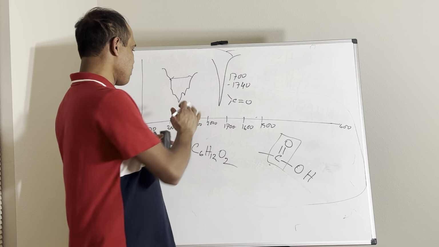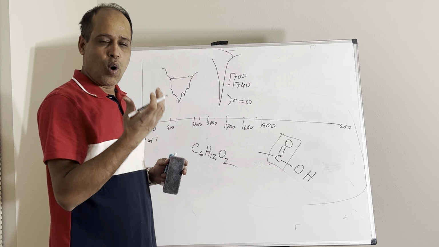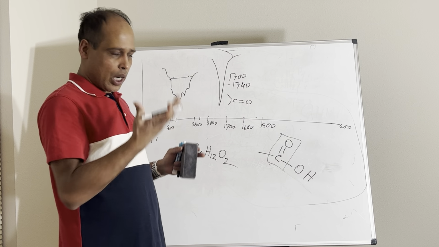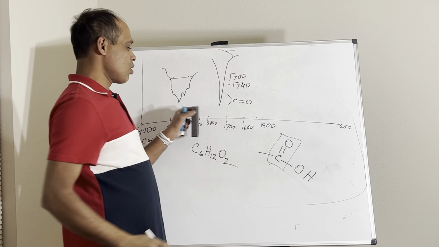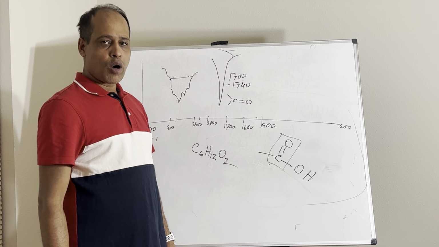Sometimes people call it a cow udder type peak. So a broad peak along with this carbonyl, you can easily say this is a carboxylic acid.